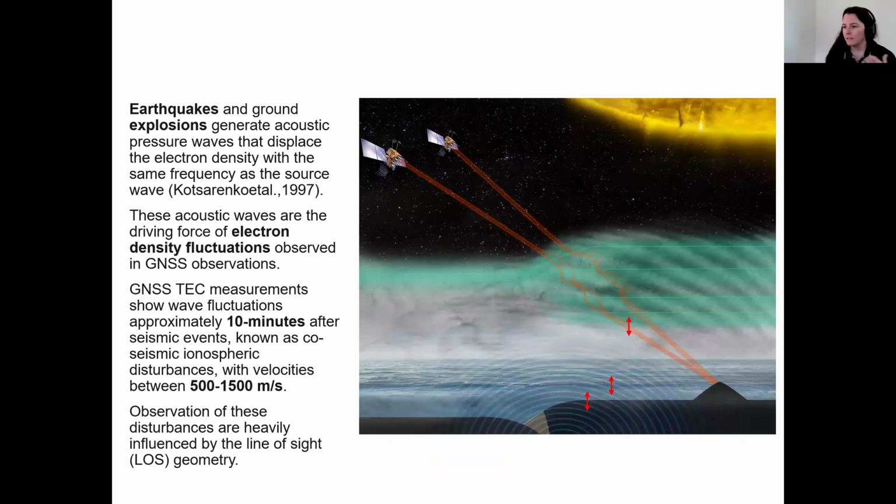And so how this then translates over to earthquake detection. Earthquakes generate an acoustic pressure wave. And we can see this illustration trying to allude to this extremely complex dynamic system.